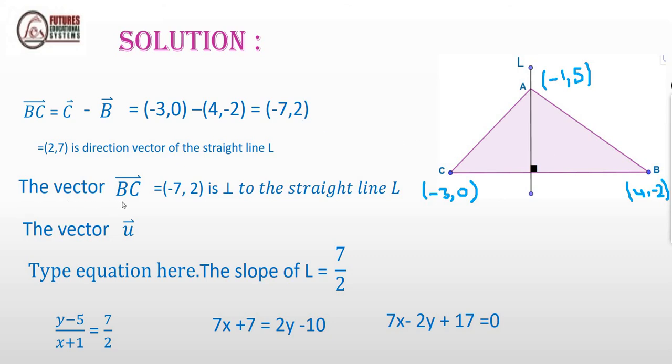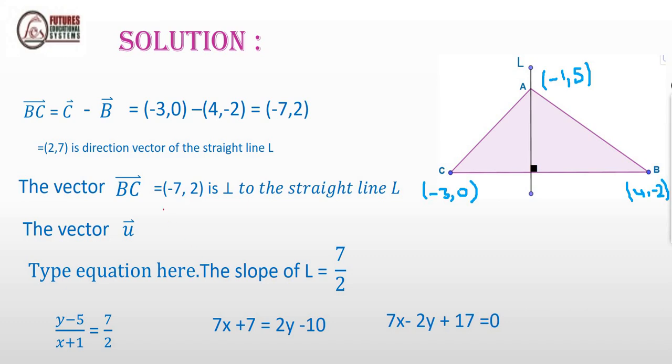The vector BC (negative 7, 2) is perpendicular to the straight line L. To get the perpendicular vector, exchange the position of x and y and change the sign.